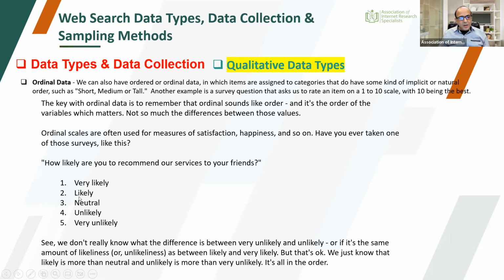One is for very likely, two for likely, and so on. So these are the ordinal data, and it can be compared, or it would have some sort of measurement to it, and can easily be translated from the scaling factor or the wording that you use, which would give it the number, or can be translated into numbers.